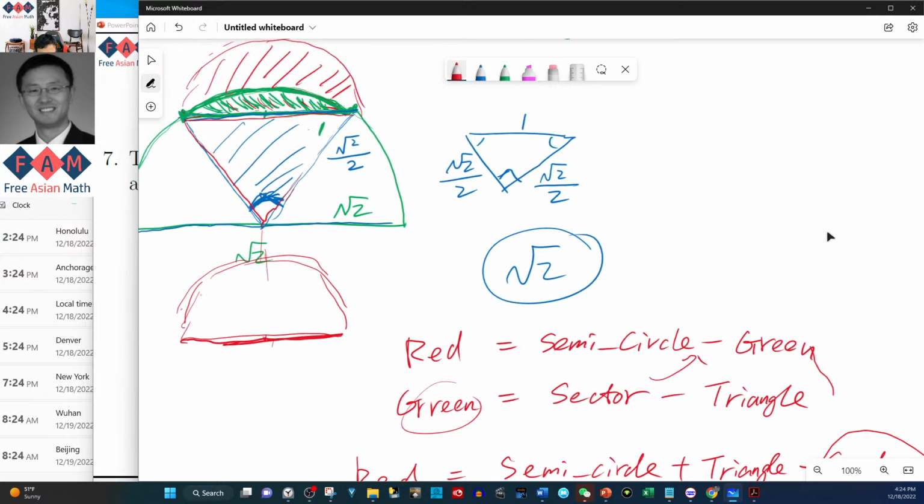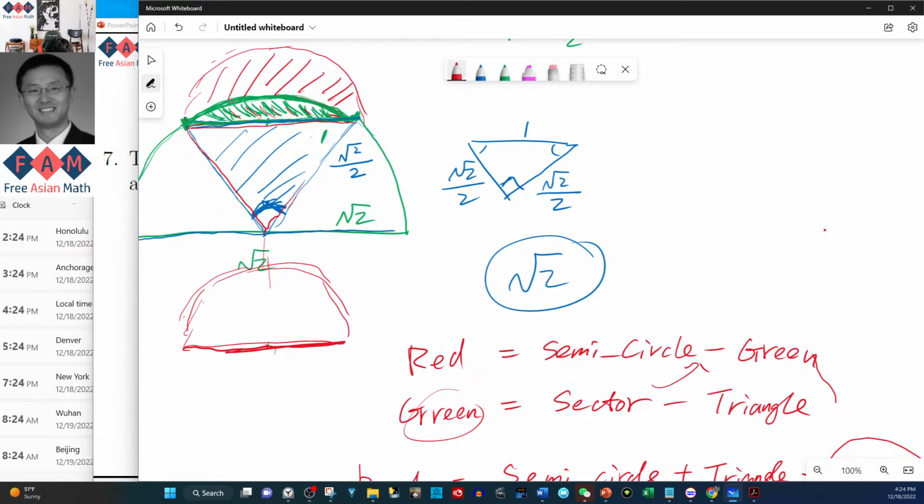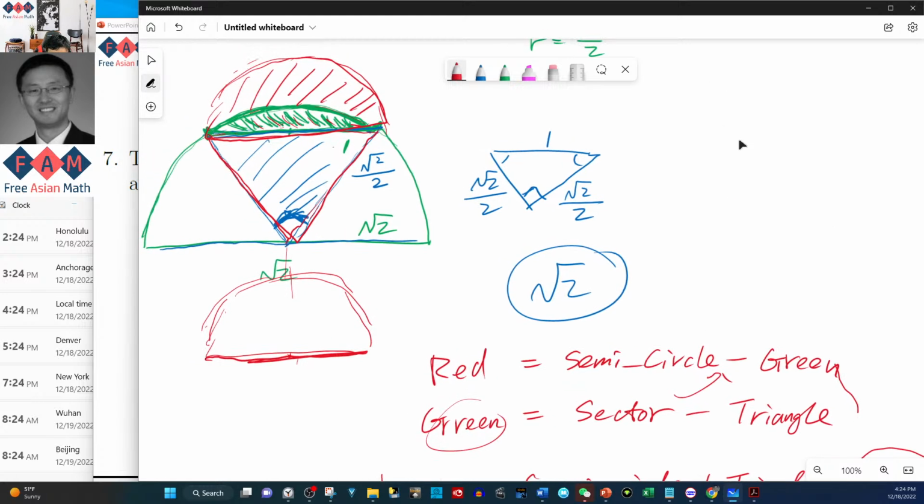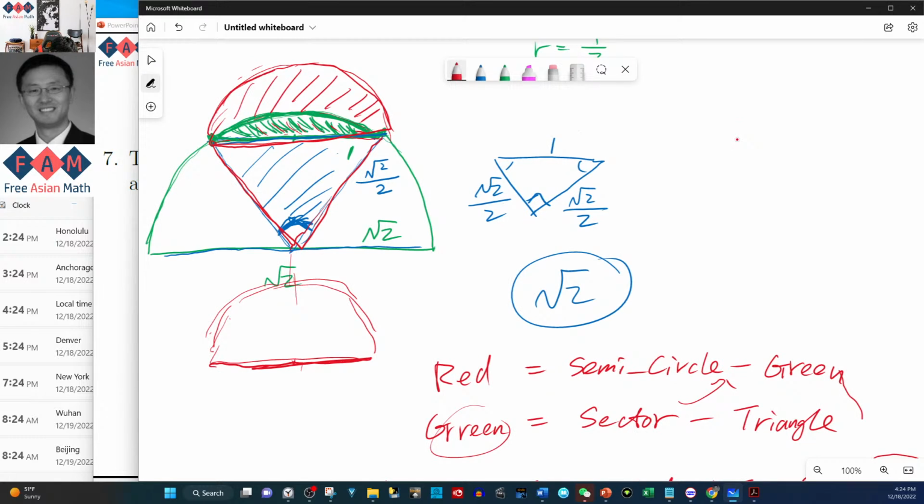Okay, so you can think about it. If you add this semicircle with this triangle, you got like an ice cream cone, right? So you get something like this. This is like an ice cream cone. Then subtracting this sector.